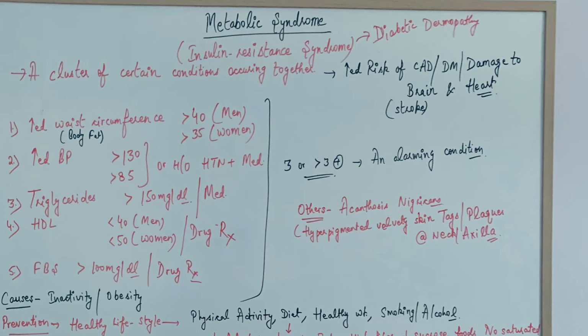The third condition is triglyceride levels more than 150 milligram per deciliter, or the patient is already on medication to lower the triglyceride levels in the blood.